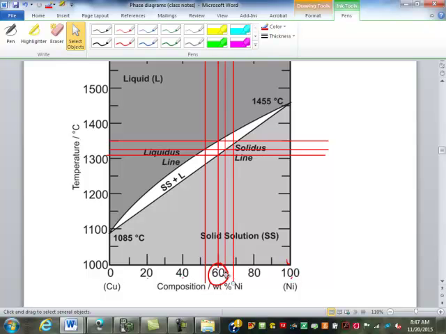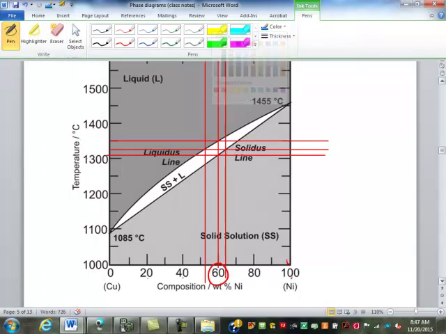This here, if I line it up, right there, you can see that's where that line intersects the edge of the bubble. That comes down here, that's at about 64% nickel and 36% copper. So what we have is this point right here at 1325 degrees. Let's call that 53% nickel, which means it's 47% copper.